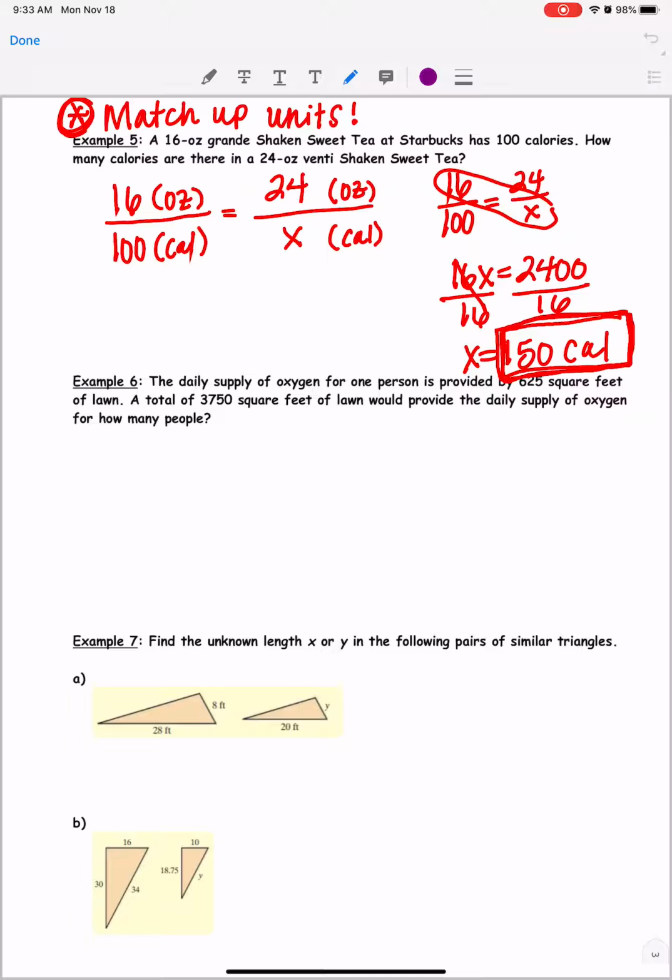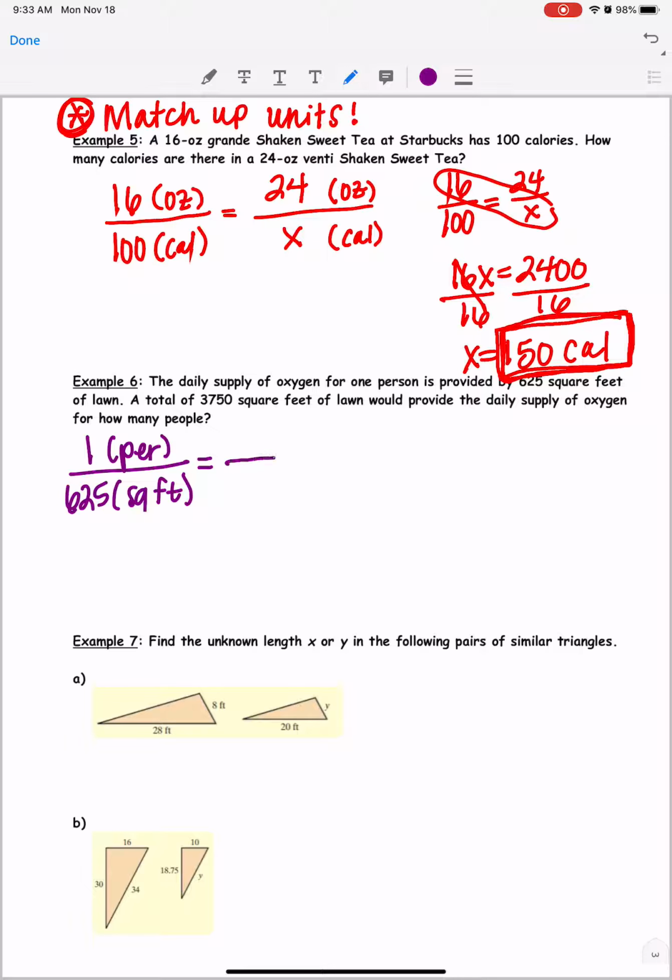Example 6: the daily supply of oxygen for one person is provided by 625 square feet of lawn. So that's my first proportion. We have one person for every 625 square feet of lawn.